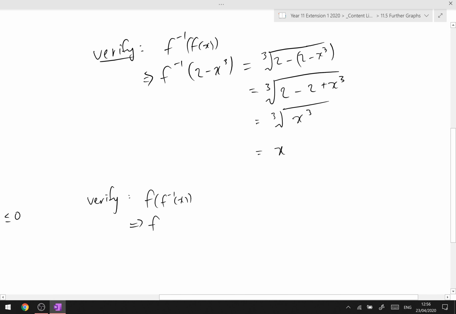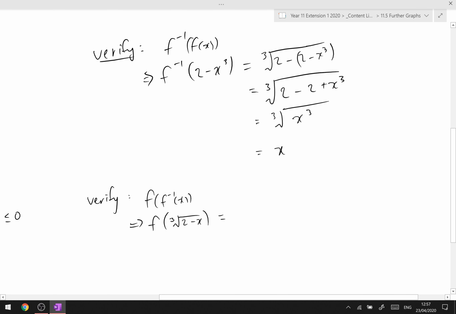To rewrite that, my original function is 2 minus x cubed. So 2 minus this thing cubed, so the cube root of 2 minus x, all cubed.